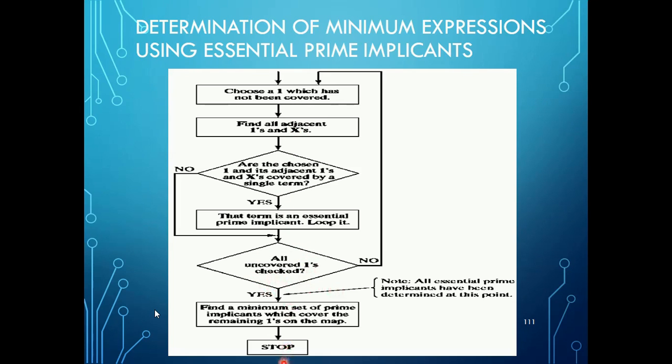Then stop the procedure, that is the determination of minimum expressions. Note that here all essential prime implicants have been determined at this particular point. Only after covering almost all the ones and finding the essential prime implicants will you be able to determine the minimum expression.